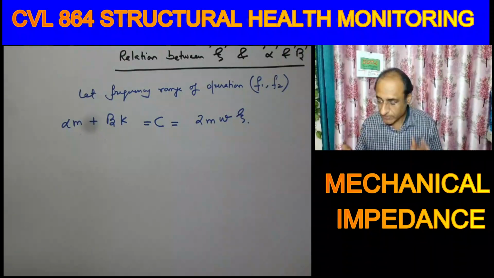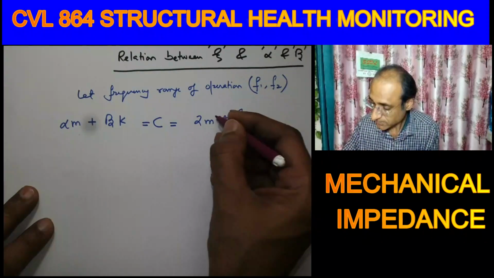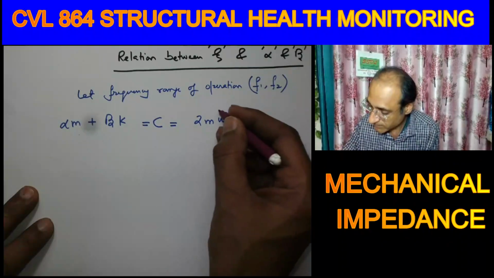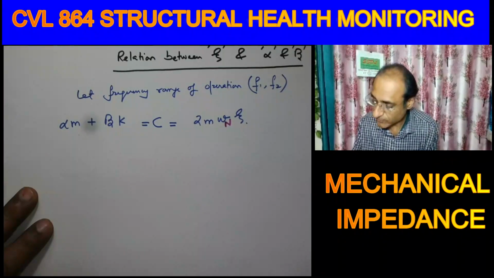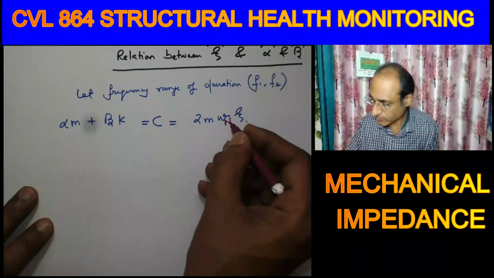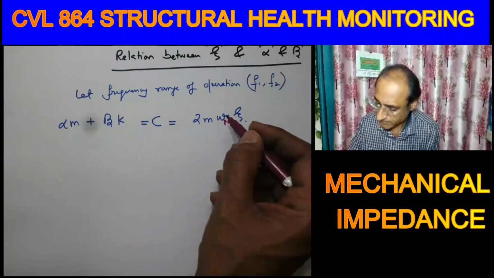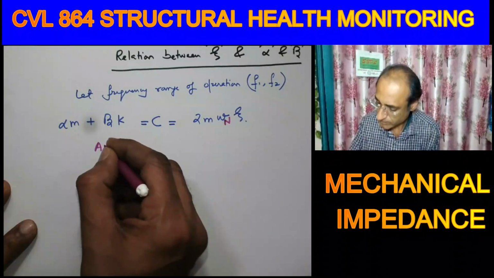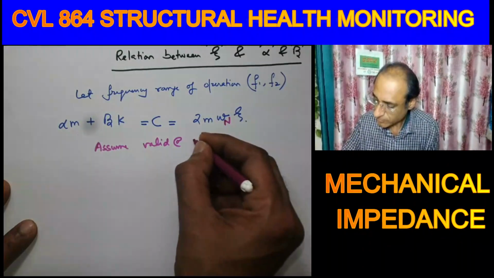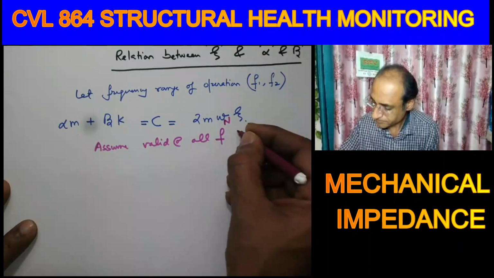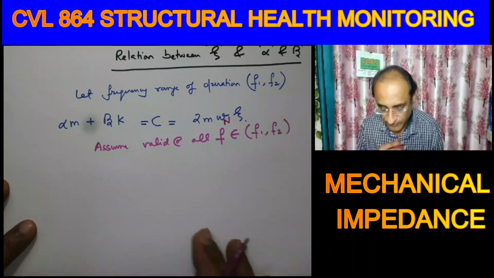We are making one approximation: this should be the natural frequency, right? So we will assume that this is valid at all frequencies. Though this is valid only at the natural frequency, we assume that it holds for all frequencies in the range F1 to F2. That is our assumption.